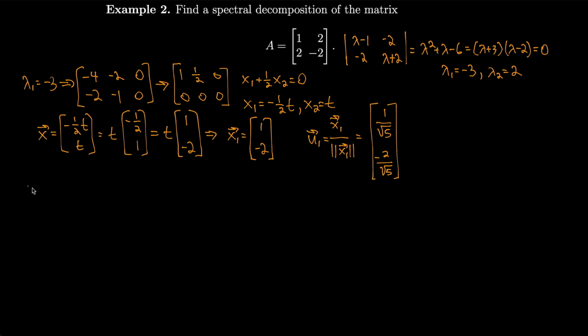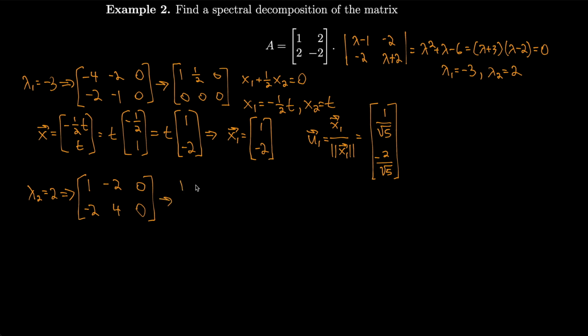Now let's look at lambda 2, which was 2. So plugging 2 into lambda I minus A, I get [1, -2; 0, 0]... because remember we set it equal to the 0 vector. Reduce that.